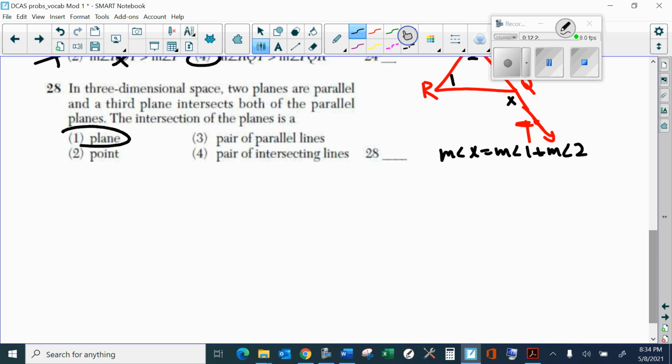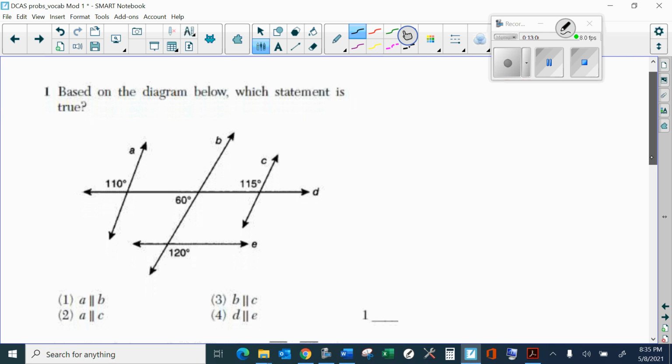Parallel lines is what you're going to have right there. Imagine a book and then a plane slicing through the book, top and bottom, would be two parallel planes.